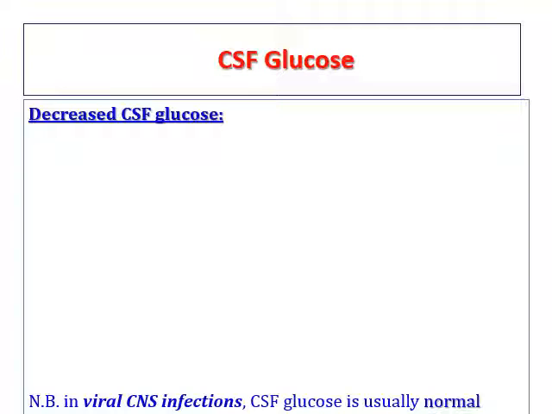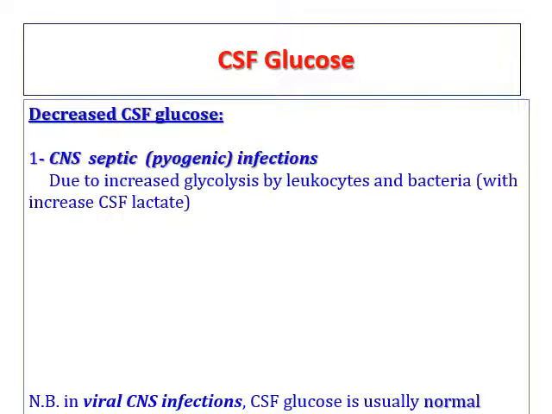Glucose level is decreased in the following conditions, like septic or pyogenic infections. Why? Because there is a battle going on there between the bacteria and the immune cells, the leukocytes, and they are consuming glucose. This glucose consumption will lead to byproducts including the lactate.